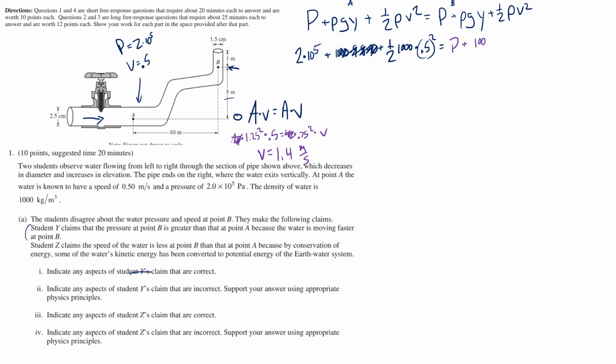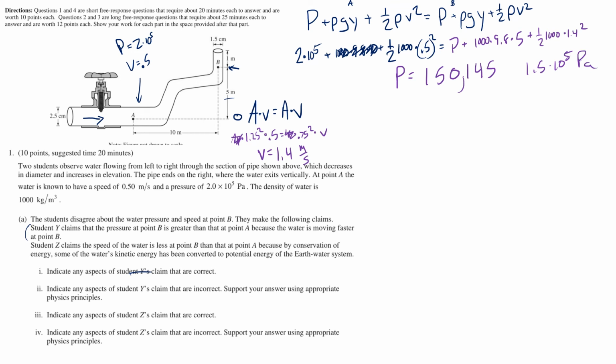Plus 1,000 times 9.8 times y, which is 5, plus 1/2 times 1,000 times 1.4 squared. All right, doing some math here. So the math is going to give us a P is equal to 150,145. All right, so that's going to be a 1.5 times 10 to the 5 pascals.